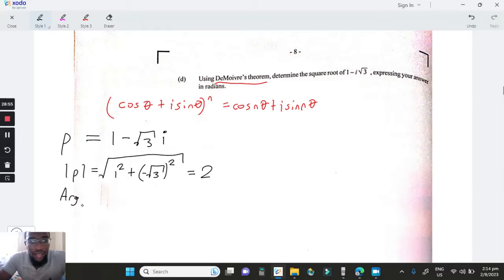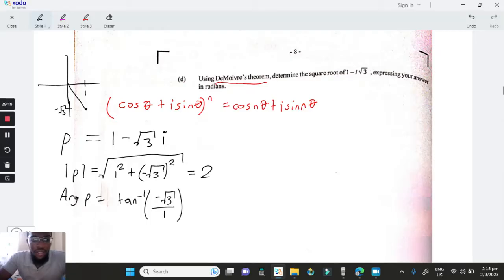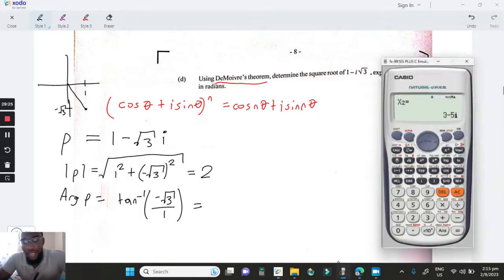Then we need the argument of p. First thing, I have to consider the quadrant. The real part is 1 and the imaginary part is negative root 3, so it's in the fourth quadrant. If it's in the fourth quadrant, it's just tan inverse of the imaginary part divided by the real part, so tan inverse of minus root 3 over 1.